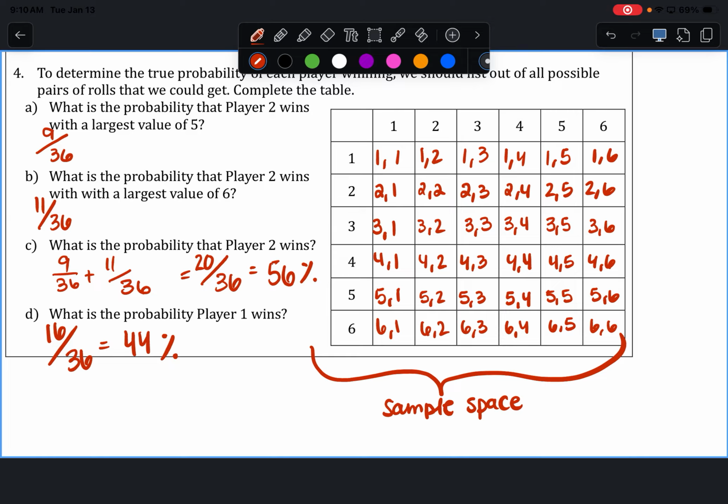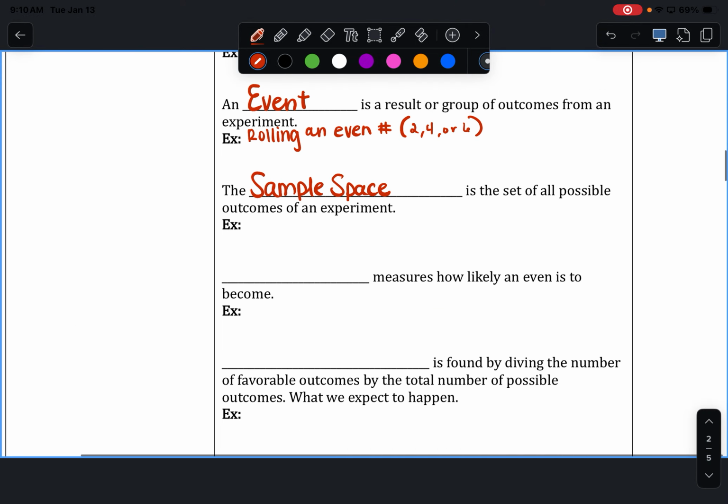Now, what would the sample space be for flipping a coin, though? Not 1 and 2. What do we usually call it? Heads and tails, right? What about the sample space for rolling 1 die? What are all of our possible outcomes for rolling 1 die? 1, 2, 3, 4, 5, 6.